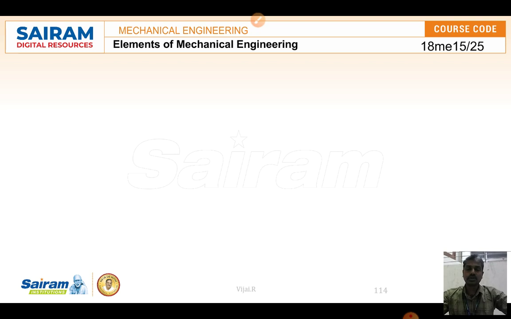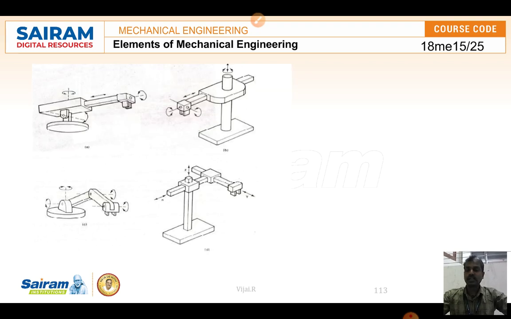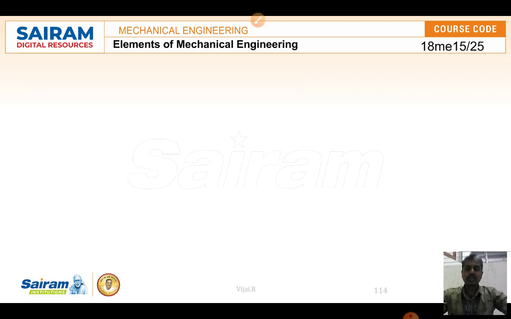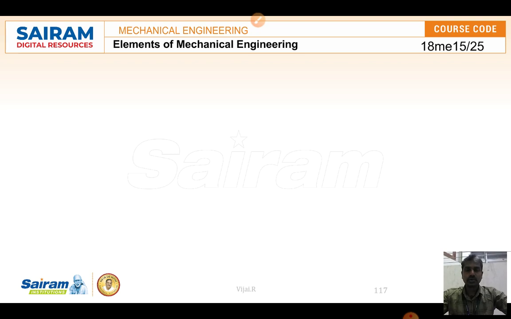The names indicate how the workspace is defined. These types are used in different applications, including military and space robots. These are the classifications of robots according to physical configuration.